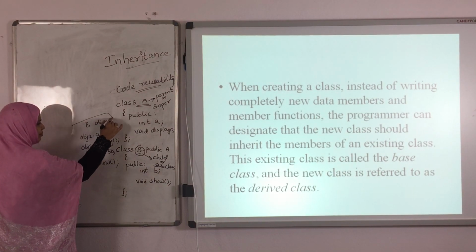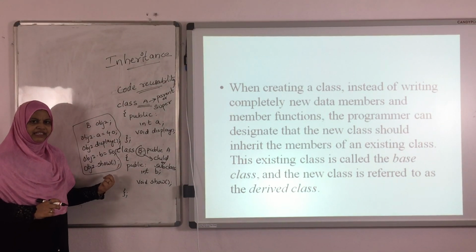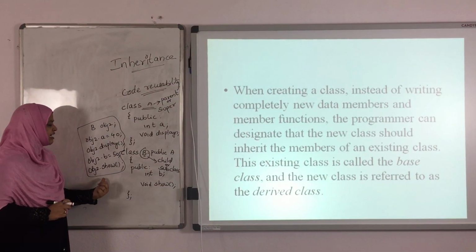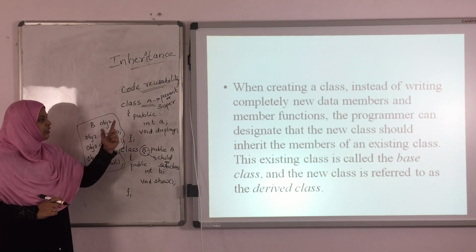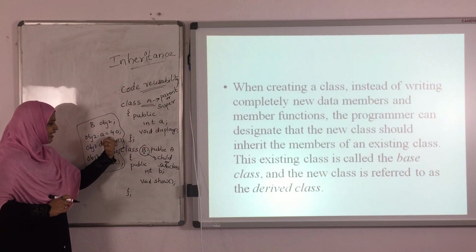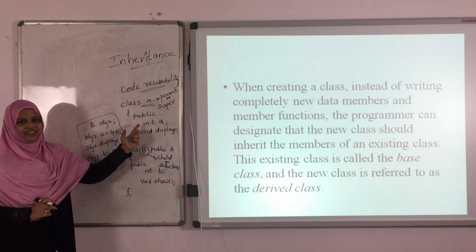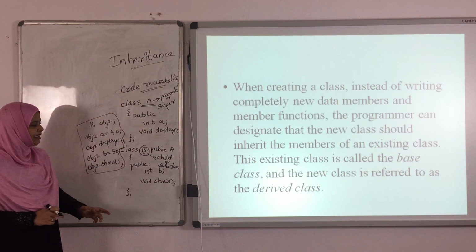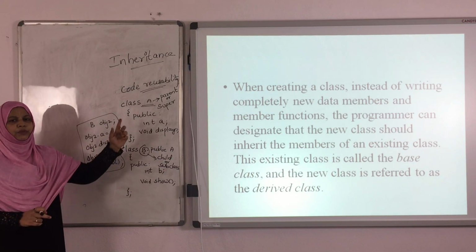By using the object of the subclass, we can access the data members and member functions of its superclass. Why? Because the subclass inherits all the properties of its superclass.